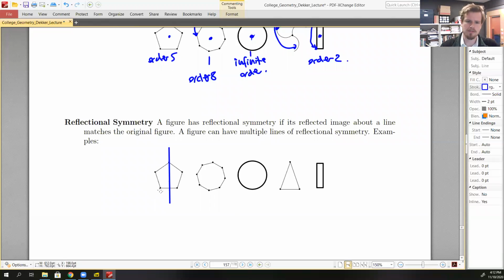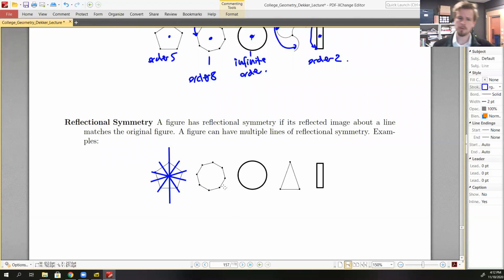I could do that through any such pair of points and opposite sides. That gives me 5 lines of reflection.